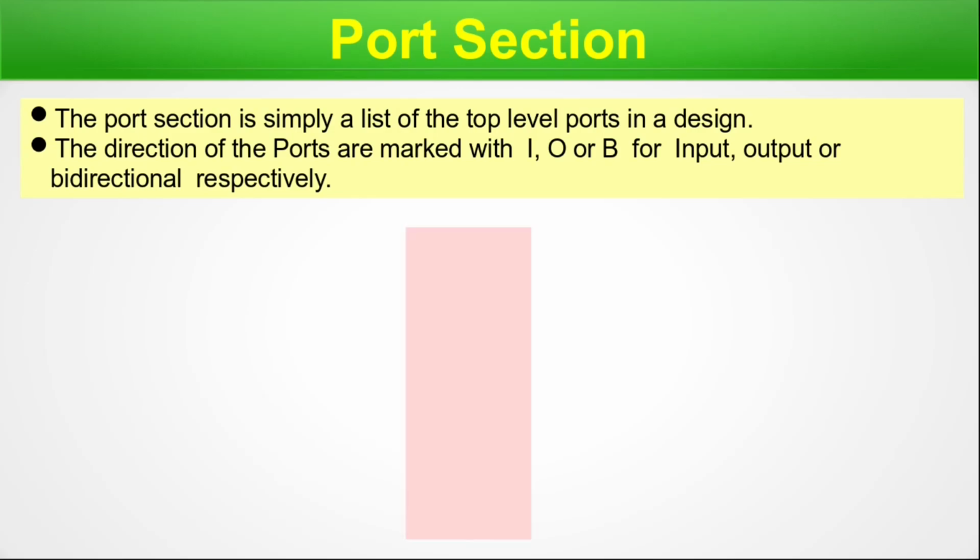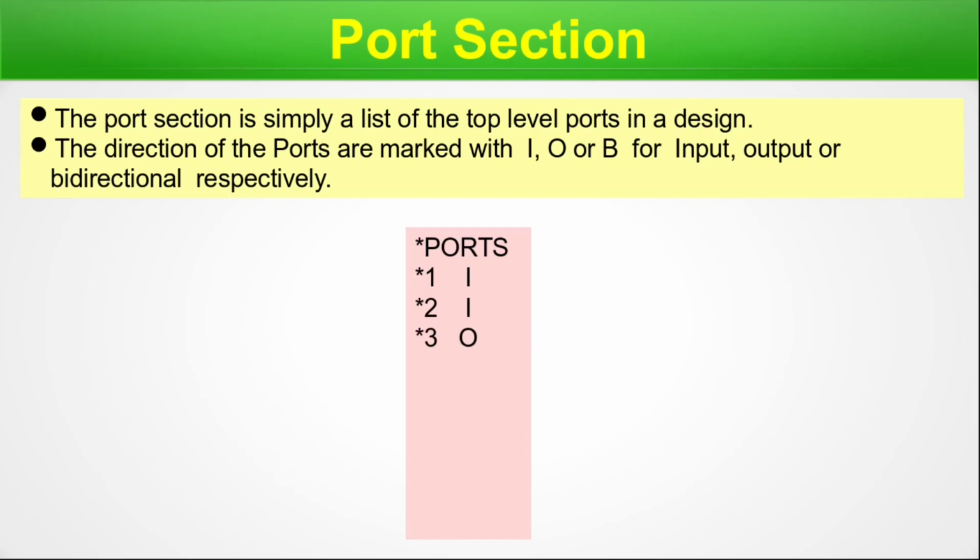Now let us see one short and sweet example of the port section. The section starts with star, then PORTS, in all caps. Next we have star1 with I, star2 as I. So all these are ports.